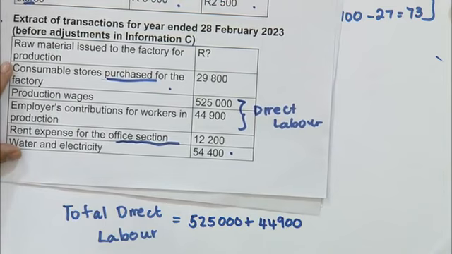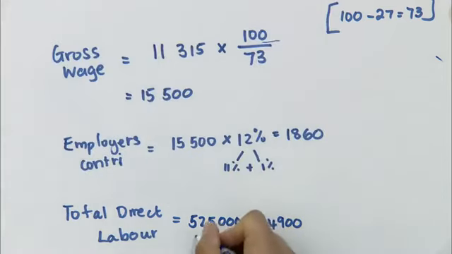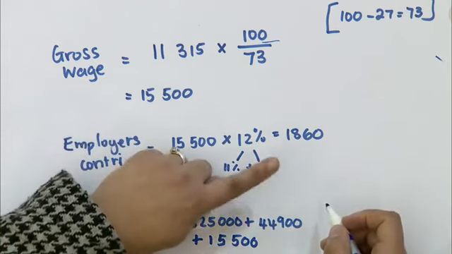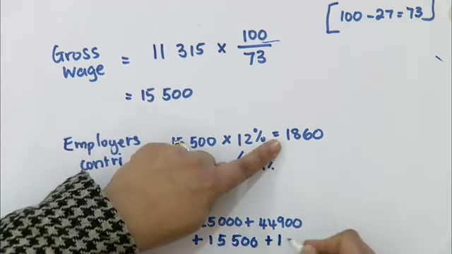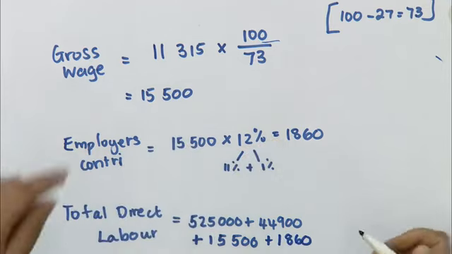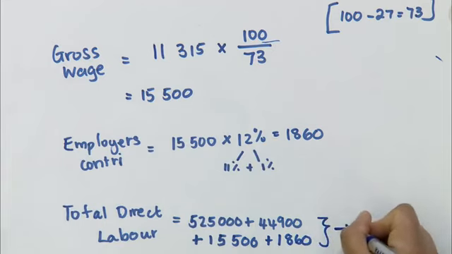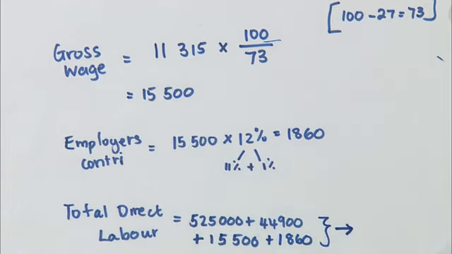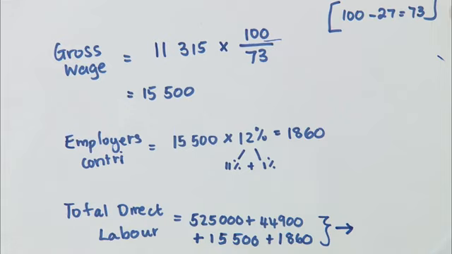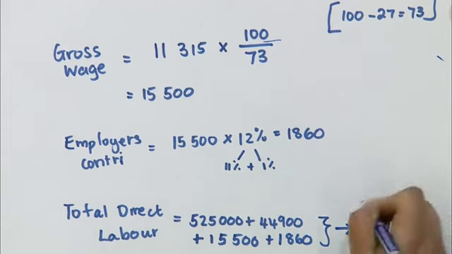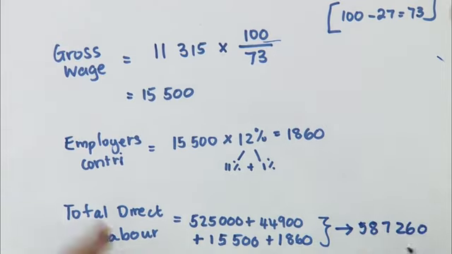Remember, it increases our labor costs. Plus 15,500, which we just calculated. Plus 1,860. And if we add everything together, what does it equate to? Drum roll, please. 587,260. Yay! Well done. So we get to the same answer.